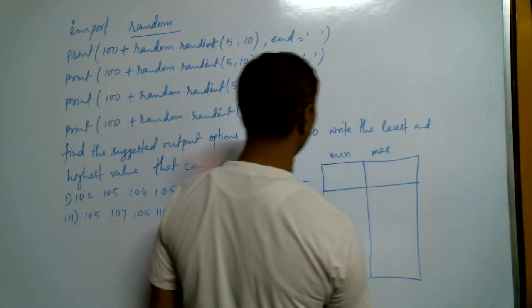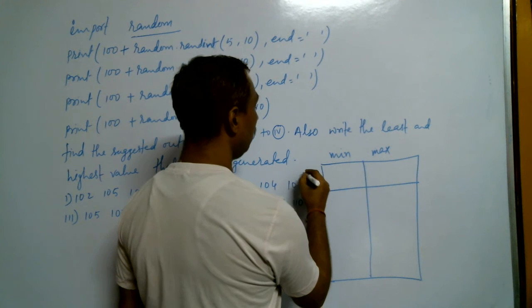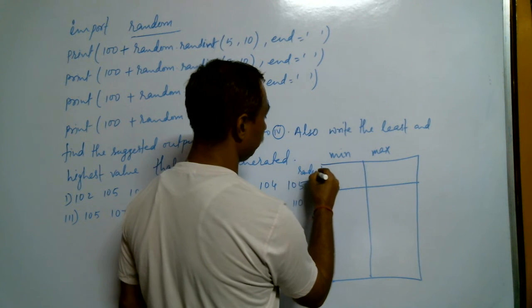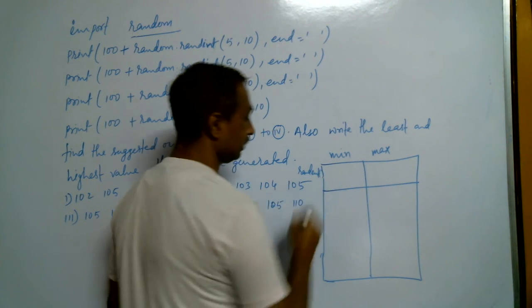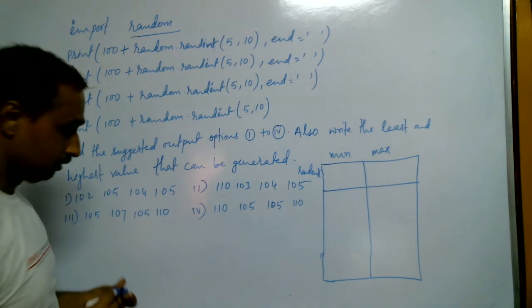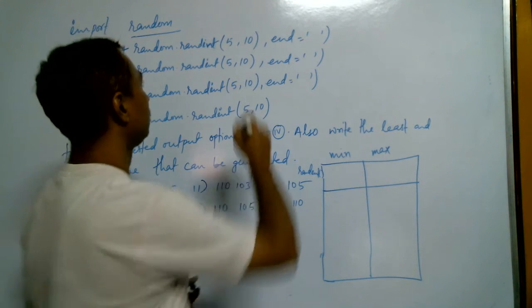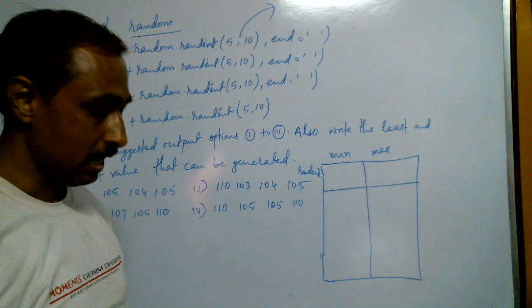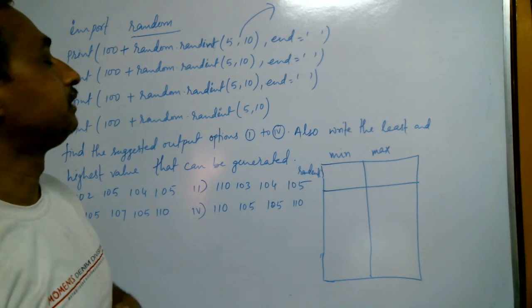Then the first row will be for the randint function, because that function is going to return the value. This function has 2 arguments, 5 and 10.